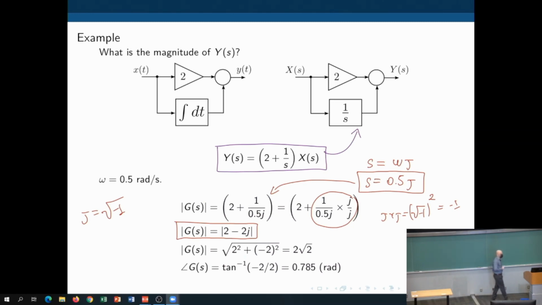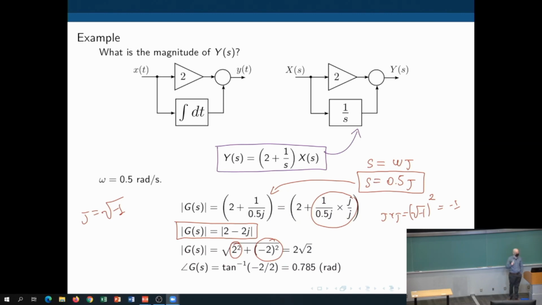So now we can calculate the phase and magnitude based on the approach we saw before. Real part squared plus imaginary part squared, square root of the sum. That's indeed 2 square root of 2. Surprise, same thing we found before. All right, let's find the phase. Imaginary part divided by real part, inverse tangent of that.